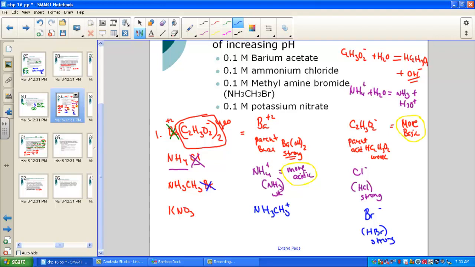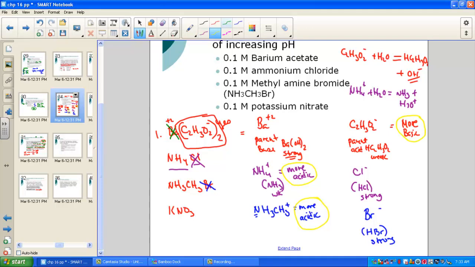So that one I can cancel out. Here, though, this definitely is a polyatomic ion, and that nitrogen makes me suspect that it is going to create a more acidic solution. So this solution ends up to be more acidic. We'll talk about how we're going to compare those with our Appendix D values.